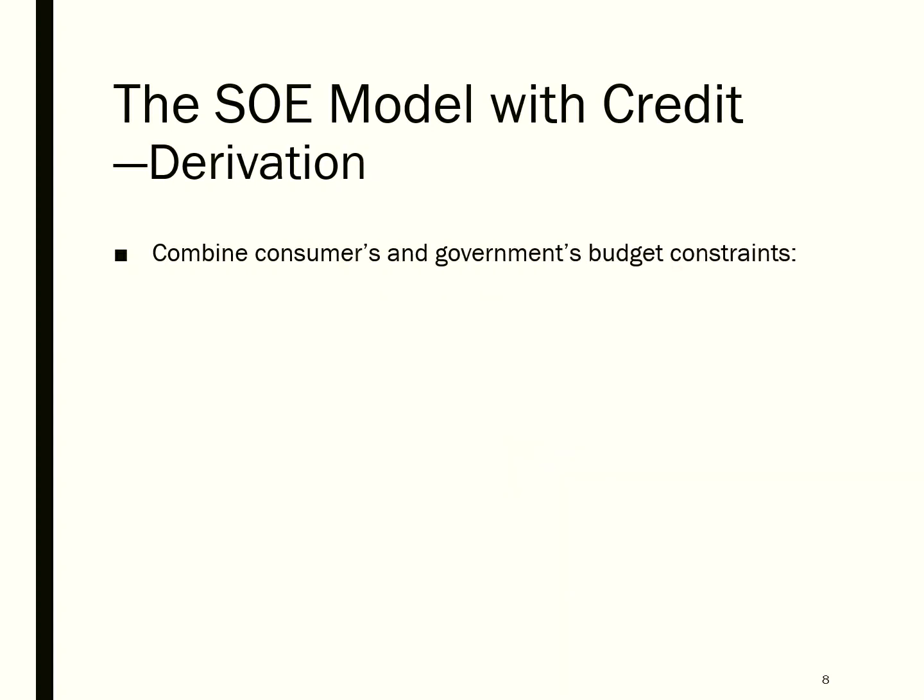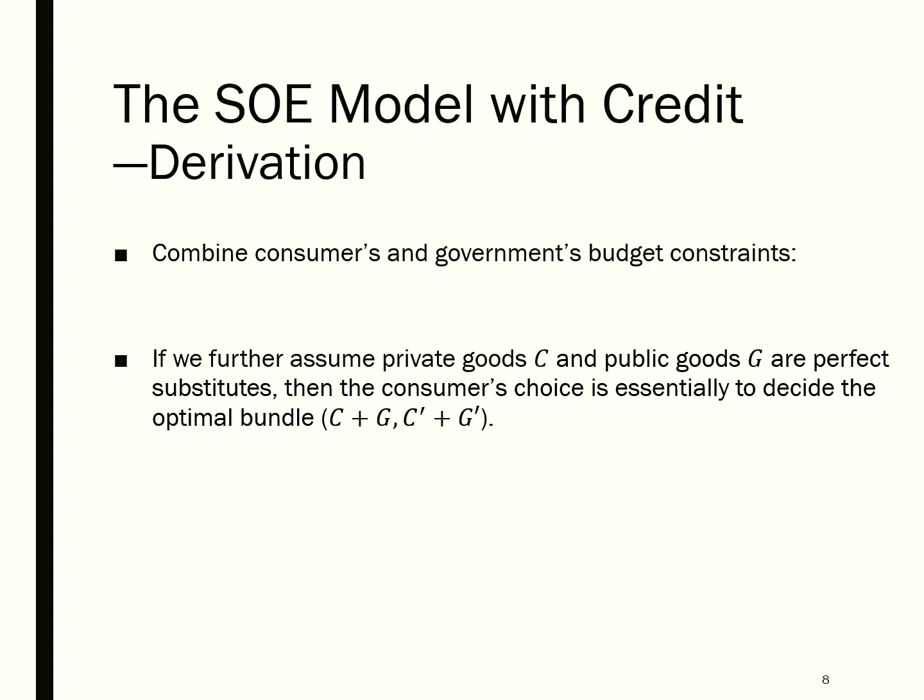Then we can combine the consumers and the government's budget constraints to have a consolidated country's budget constraint. The left-hand side is the present value of the consumptions from the consumer and the governments, and the right-hand side is the present value of the endowment of the economy.